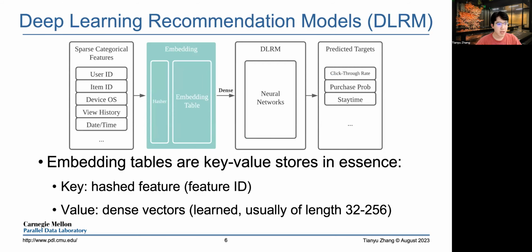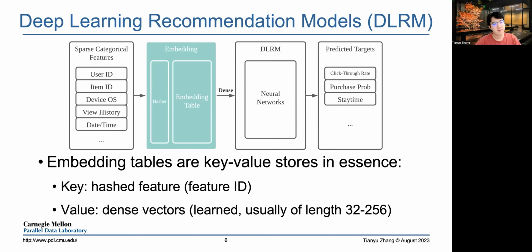So a deep learning based recommendation model, or DLRM, just means that we're using some sort of deep learning model as the recommendation model. In a lot of cases, this is going to be neural networks. However, recall that neural networks themselves do not natively support categorical inputs, and therefore we have to have an embedding layer in front of it.